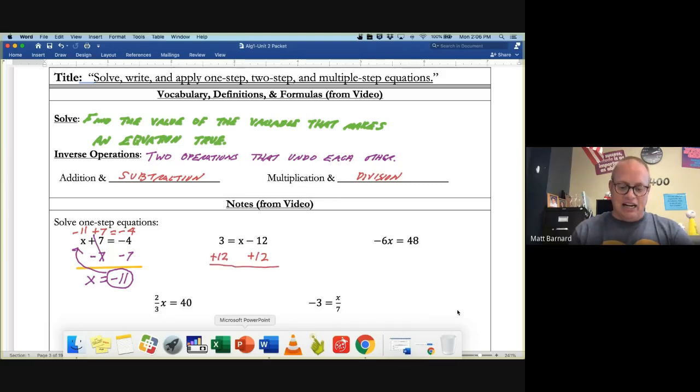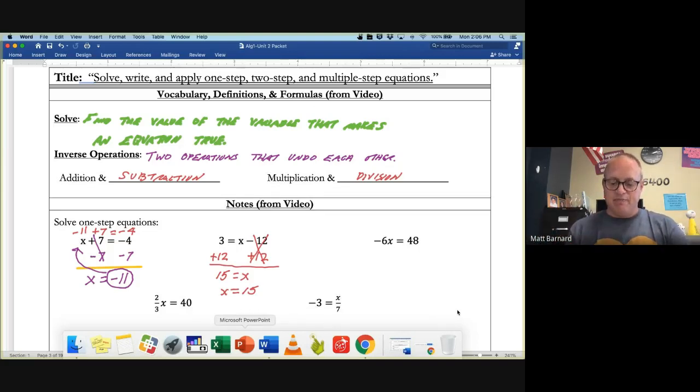I'm going to draw my line, and negative 12 plus 12 is 0. So I'm left with x is equal to 3 plus 12, which is 15. Now I could also write that, if I wanted to, as x equals 15, and generally that's how we're going to do it, with the variable on the left side. You've seen the inverse operations of addition and subtraction at work.